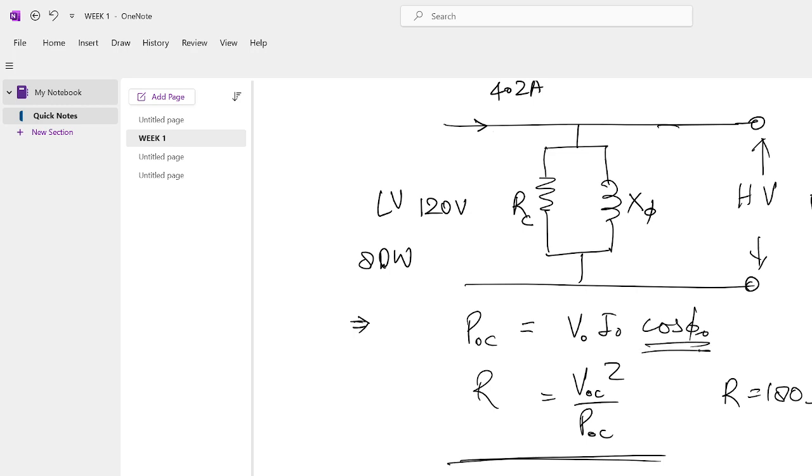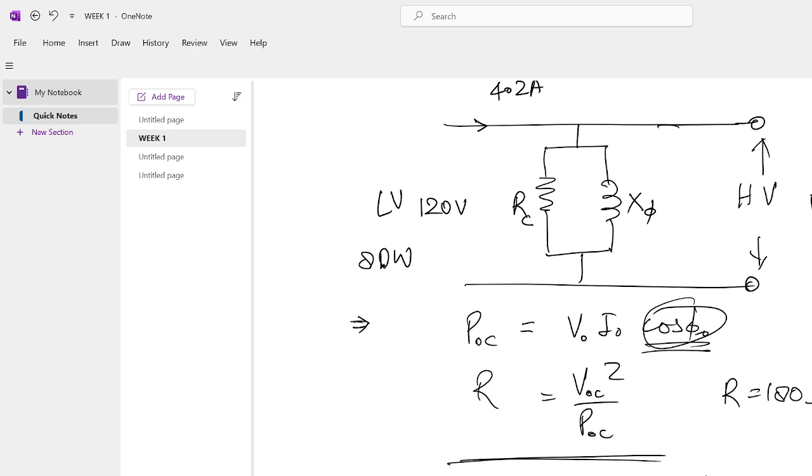In a parallel RL circuit, phi can be given as tan inverse R by X. As in a series RL circuit we have phi equals tan inverse X by R, in a parallel circuit if you solve, you will get phi equals tan inverse R by X. So once you get cos phi naught from here, that is 180 divided by 120 into 4.2, you will get cos phi naught.